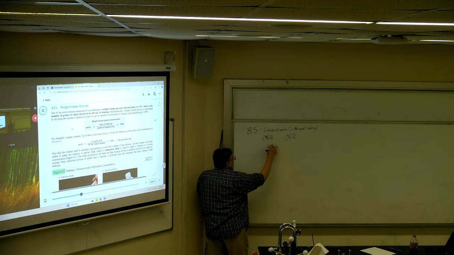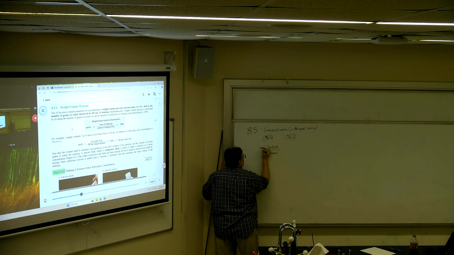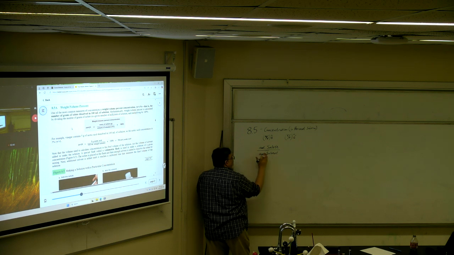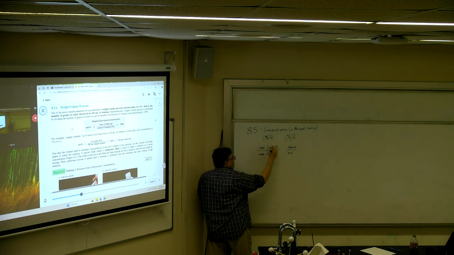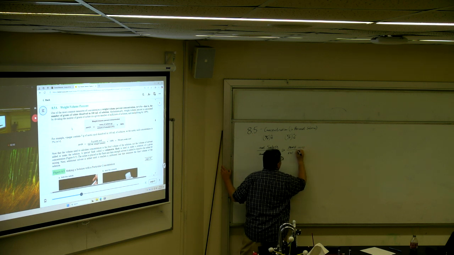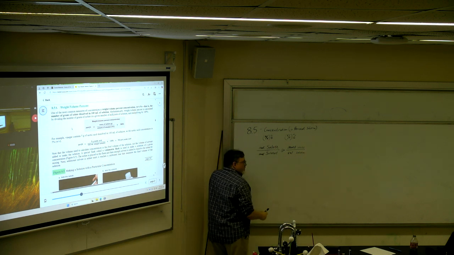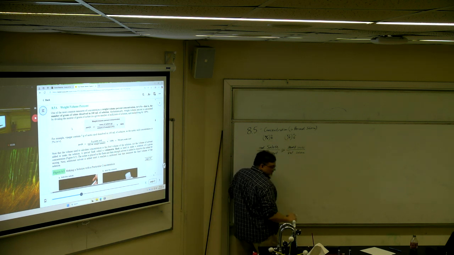So when we say M over V, we're saying the amount of solute divided by the overall amount of solution. That's what the M and V mean: mass of the solute over overall volume of the solution.